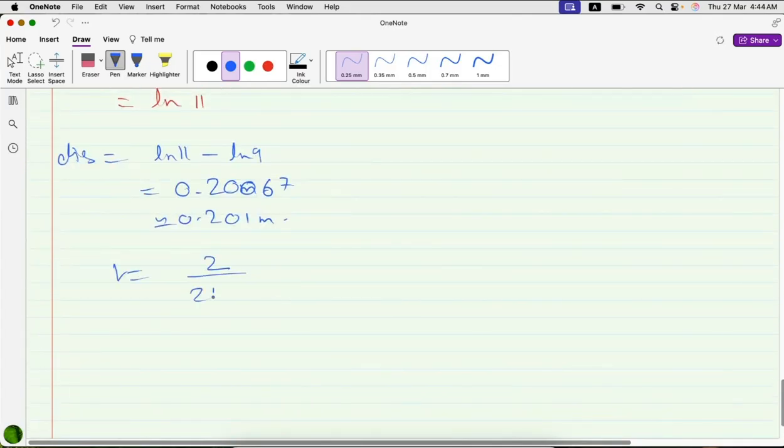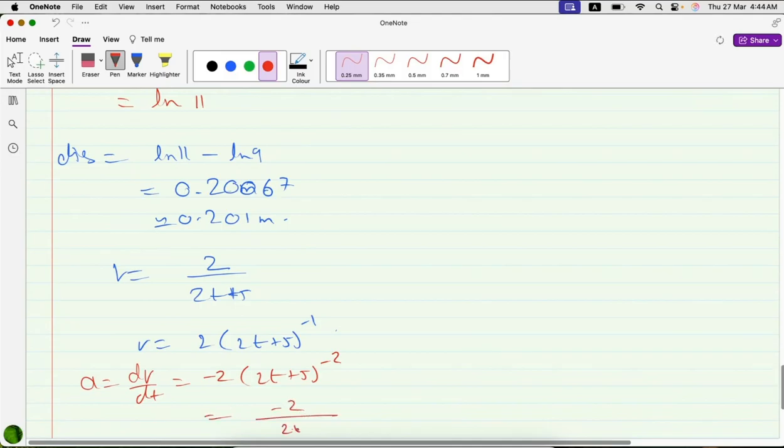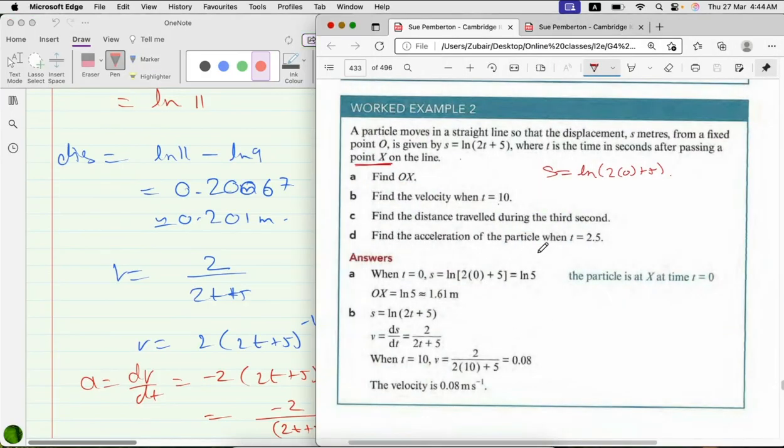Velocity is 2 over (2t plus 5), which is 2 into (2t plus 5) to the power minus 1. And acceleration is the differentiation of velocity, that is minus 2 over (2t plus 5) whole squared. And what did we want? The acceleration of the particle when time is 2.5.